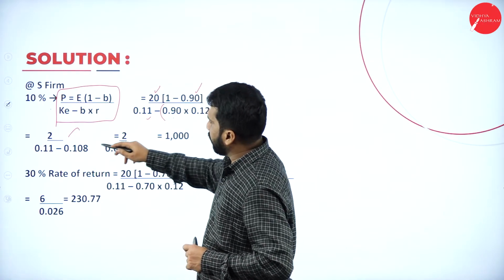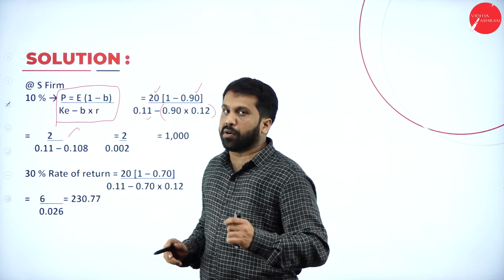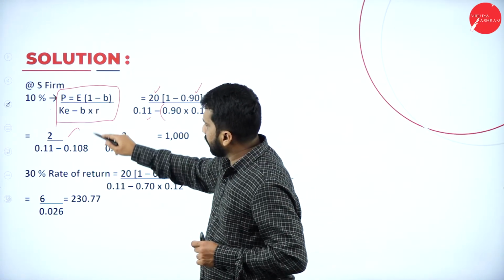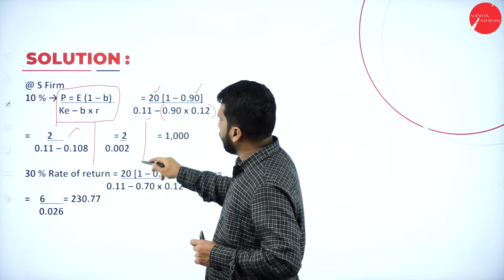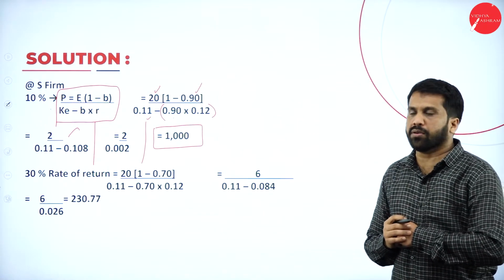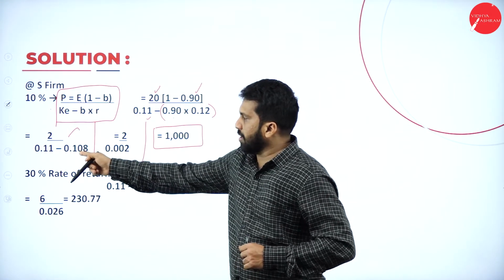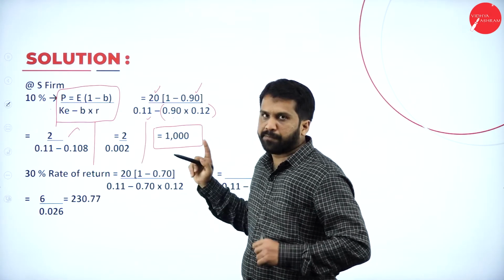So if you simplify, you will get 2 divided by 0.11 minus 0.108. Then you will get this one. Then your final answer, this. Hope you got this. Step number 1, step number 2, 3, 4, 5.